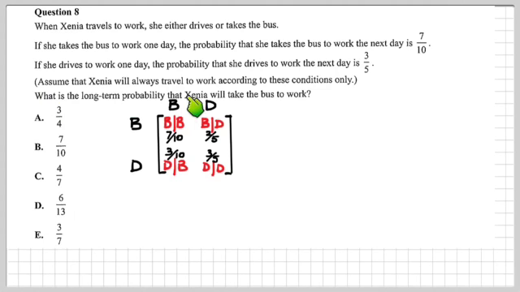What is the long-term probability that Xenia will take the bus to work? You can either put this into your CAS and call it T for transition matrix, and then go T to the 50 times your initial state matrix. It doesn't matter if it's a 1 here and a naught there, or a naught there and a 1 there, because they both converge after enough transitions to get steady state to at least 4 decimal places.